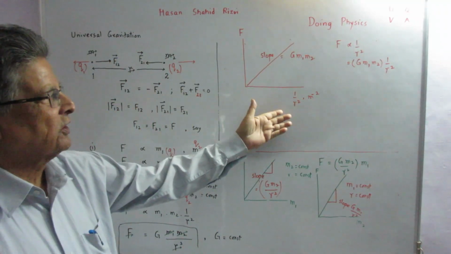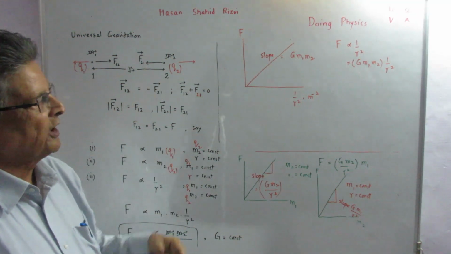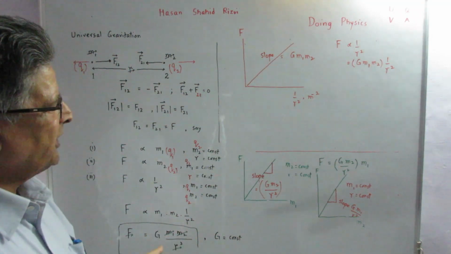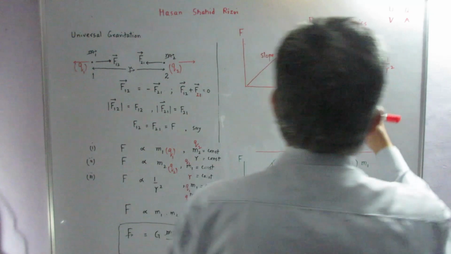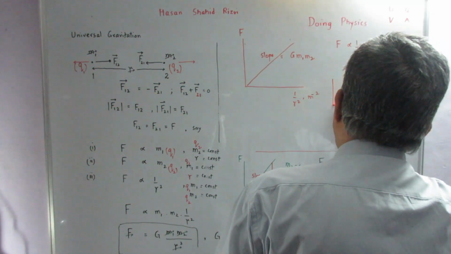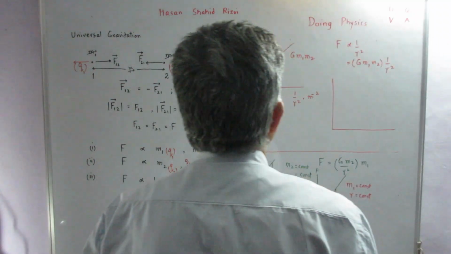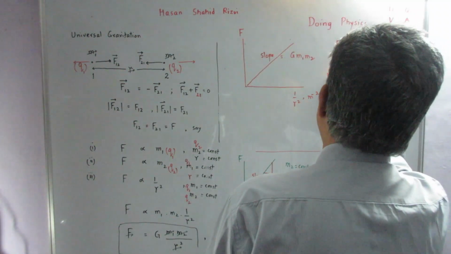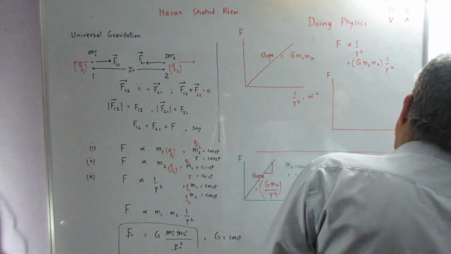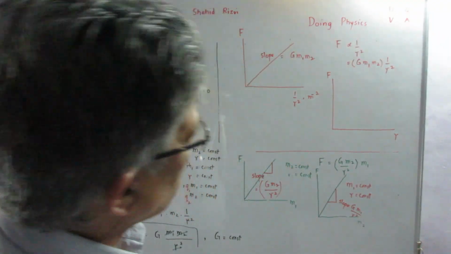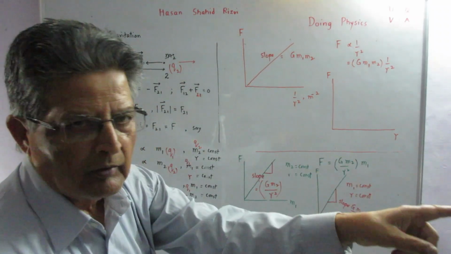Since it is difficult to understand a unit like meter raised to the power of -2 or per meter, to appreciate that I again make a plot, this is F and this is R. As you can see, as the value of R is increased, the value of F will keep on falling.